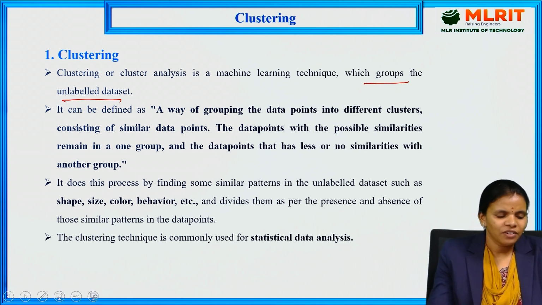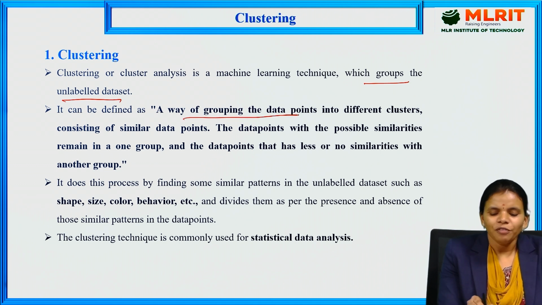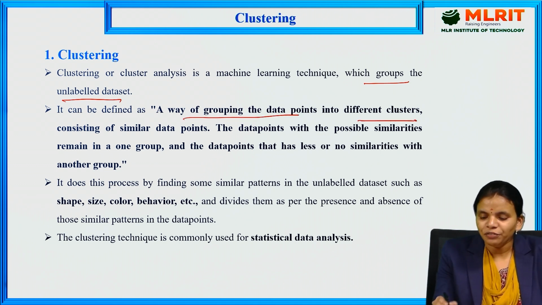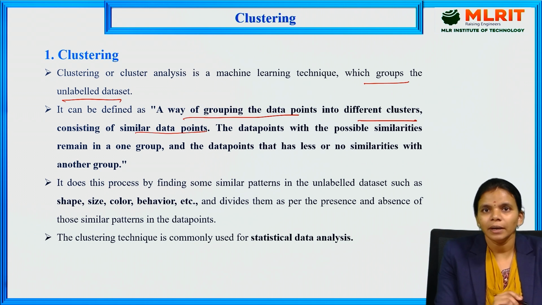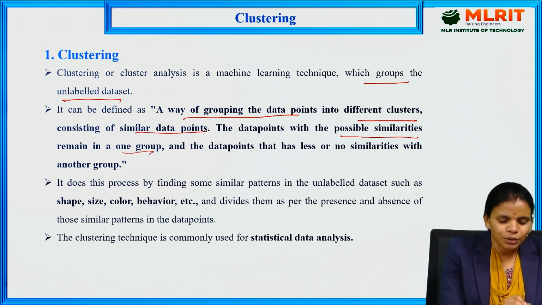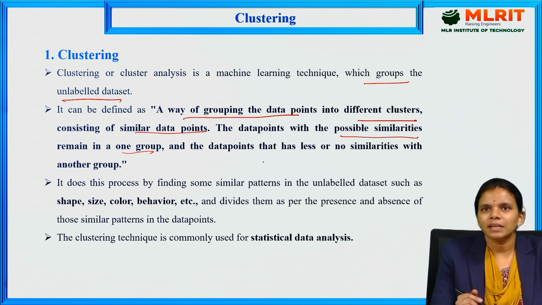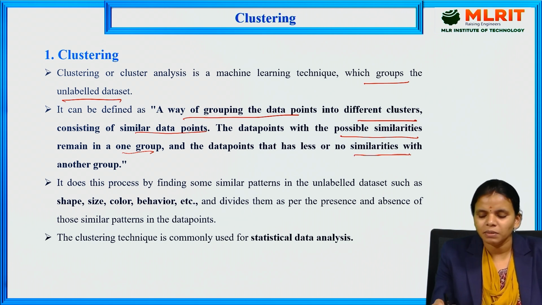We can define clustering as a way of grouping the data points into different clusters consisting of similar data points. It means that the data points with the most similarities remain in one group, and the data points that have less similarities or no similarities come under another group.